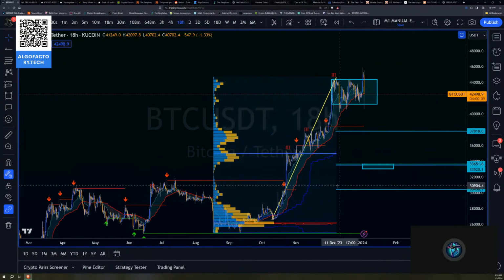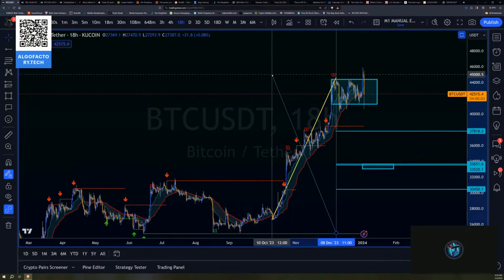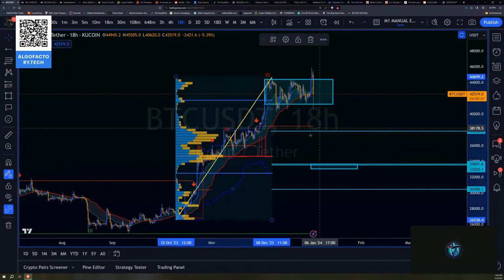Looking at the most recent move, the most recent impulse, the odds are sitting around this 33,000 right now. And then from there, I might say, okay, is it going to go down or up, right? But this move up was gargantuan, and a lot of it had to do with broader conditions.